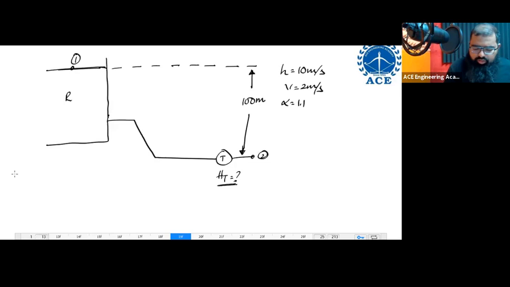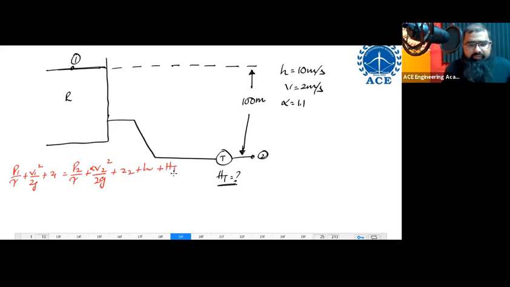If I take these 2 points, then I can have P1 by gamma plus V1 square by 2g plus Z1 has to be equal to P2 by gamma plus alpha into V2 square by 2g plus Z2 plus head loss and plus head of turbine I'm supposed to write. Now P1 by gamma is 0. P2 by gamma again is 0. Cancel off. V1 square by 2g is 0.